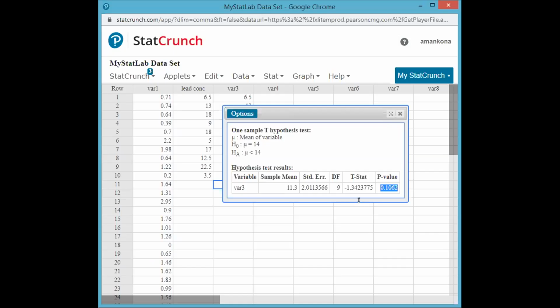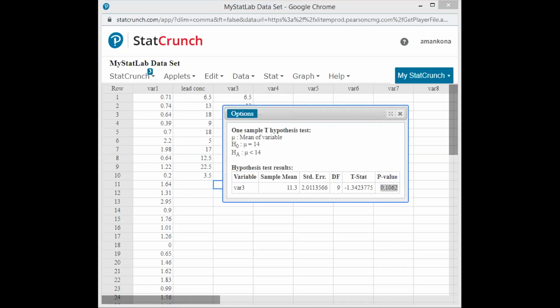Yes, I've got everything right. So what's our decision? The p-value, 0.1062, is greater than 0.05, and so here we do not reject H0.